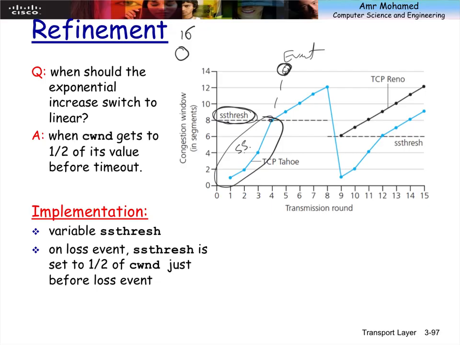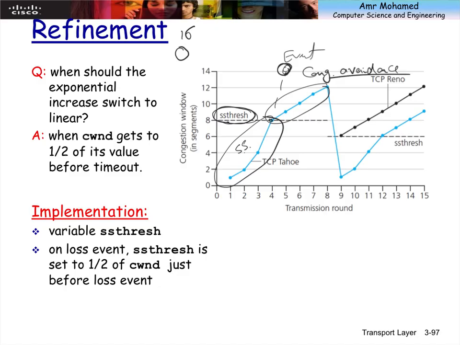Why? Because the slow start threshold now indicates that you might be approaching the critical limit, so you need to be careful. That's why this phase is called congestion avoidance.